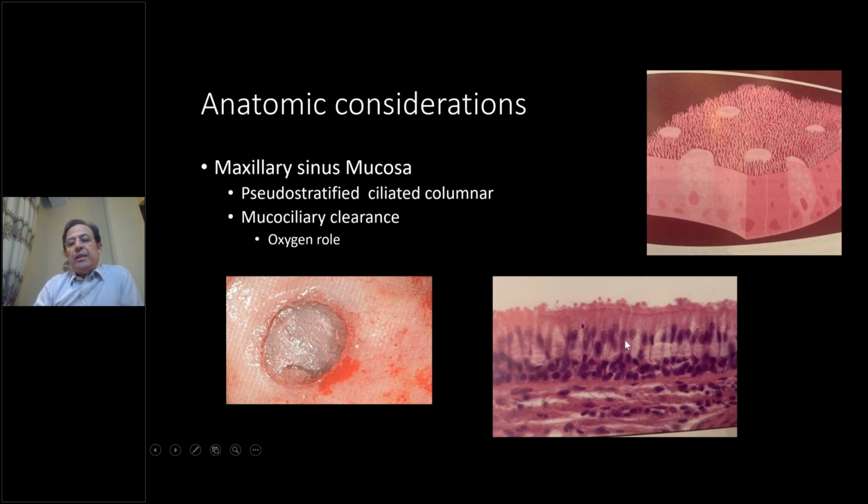So this ciliary movement continually exists to provide secretion movement toward the ostium. So mucociliary clearance is done to clean the sinus of foreign bodies and inflammatory secretions due to pollution and other factors.